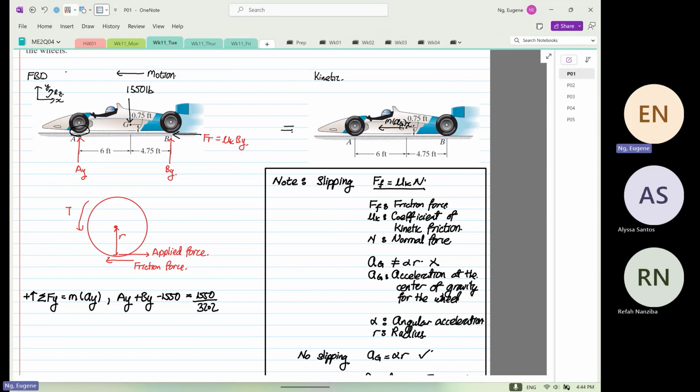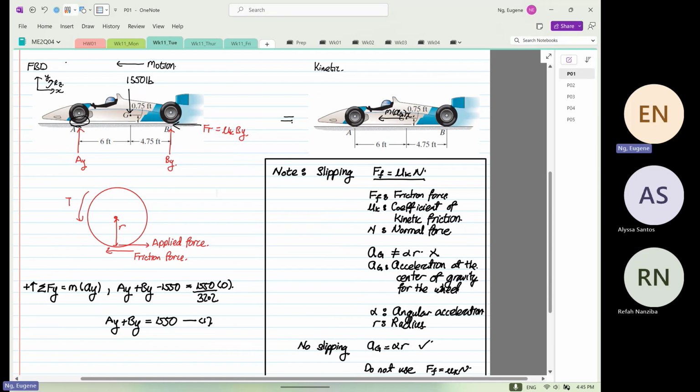But the acceleration in the y direction is equal to what? Is equal to 0. Okay. Right? Because the car is not going up and down, it's rather going left and right. So we form our first equation. We get A_y plus B_y is equal to 1550. Equation number 1.